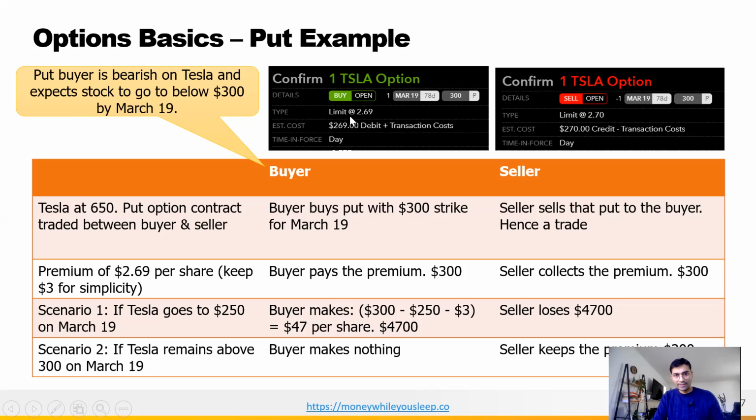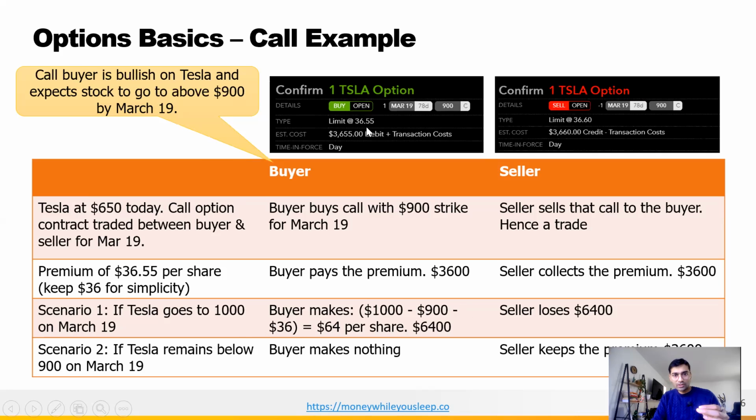He is paying a premium of $2.69 per share, which is 2.69 multiplied by 100, $269. If you look at this example, the premium is so low over here, while the premium was so high over here.